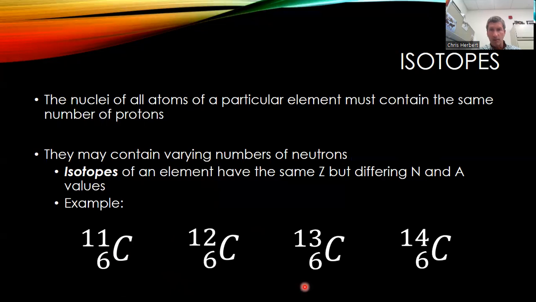So again, here's carbon. Carbon has a number of naturally occurring isotopes: carbon 11, carbon 12, carbon 13. Most carbon, of course, is carbon 12, but the radioactive isotope carbon 14 is very, very important for determining the age of different organic matter.